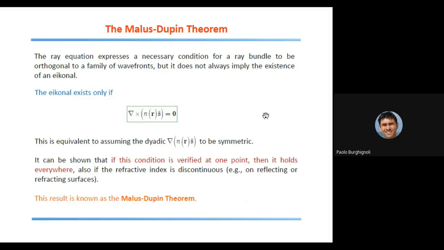So if you have, for example, a ray bundle associated to an eikonal which enters an optical instrument, the Malus-Dupin theorem guarantees that on the exit side of the optical instrument, you still have a ray bundle which can be associated to an eikonal. So you can describe the field in any point of your system in terms of some eikonal, which is of course convenient.